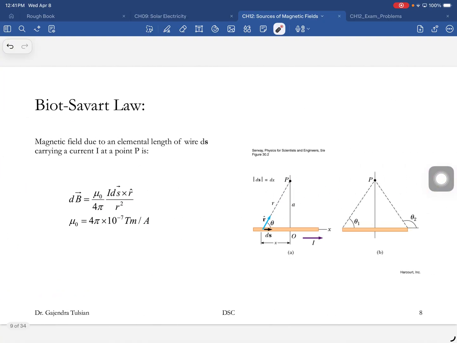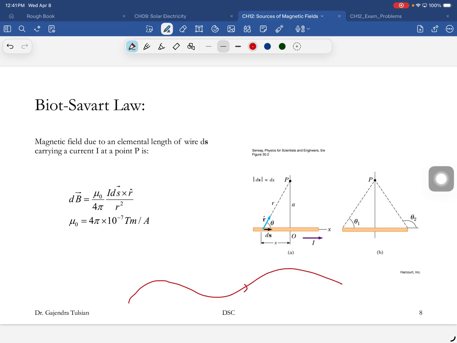Let's say here's a current carrying conductor, and you wanted to find the magnetic field at this point due to this current.